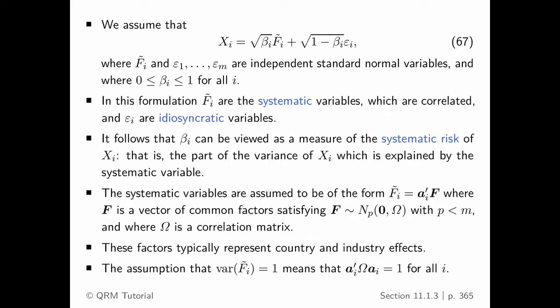So the first term is the systematic part. Every firm will have a systematic component F_i tilde. Beta i here will be a weight between 0 and 1, and this is the idiosyncratic part. So the larger beta i is, the more systematic the firm is, the more it is influenced by the larger economy. The smaller beta i is, the more idiosyncratic.